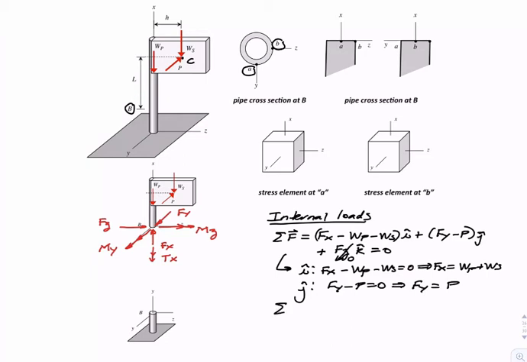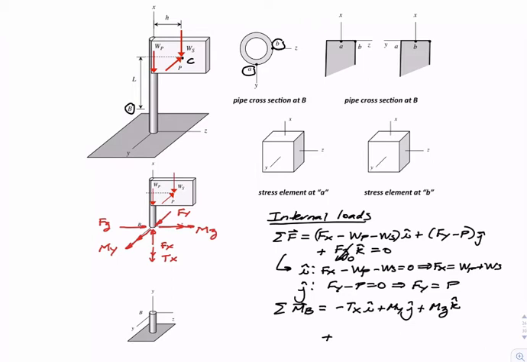We'll also write down a moment equation about that cut point, B. The moment in x, the way I drew it, is minus Tx i. I have My in the j. I have Mz in the k. And then I need to do an R cross F for the wind force and the weight force of that sign.